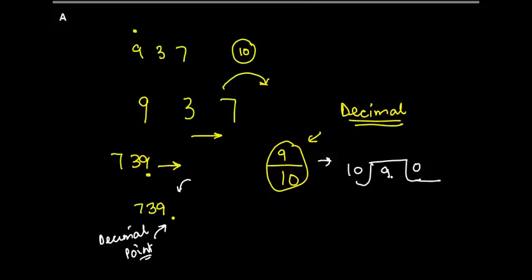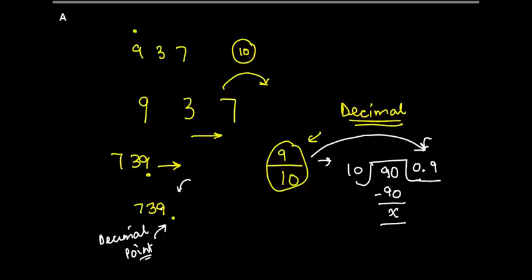After this, to divide, you add a decimal point here, and this decimal point is replaced by a 0 here. Now if I divide 90 by 10, it goes in 9 times. So this will give you 90. 90 subtract 90 will give you a remainder of 0. So 9 divided by 10 can be written as 0.9.